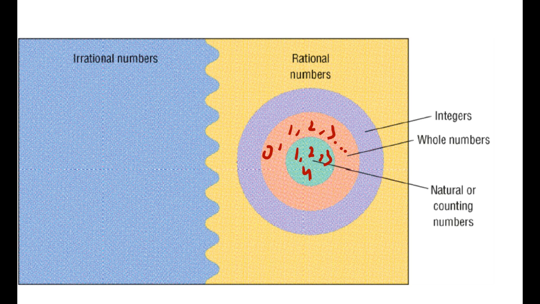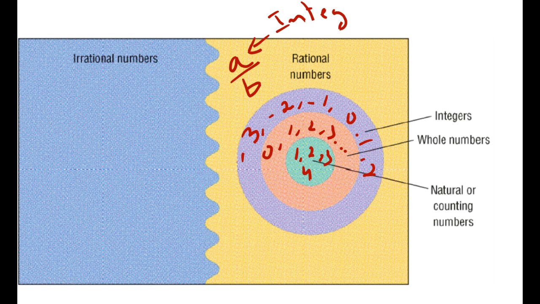And then integers, we're talking about negative numbers and the whole numbers, the opposites of the natural numbers: negative 3, negative 2, negative 1, 0, 1, 2, and so on, right? And rational numbers are any ratio of a over b, where a must be an integer and b also must be an integer. Of course, b should be different than 0. I think you get the idea here.